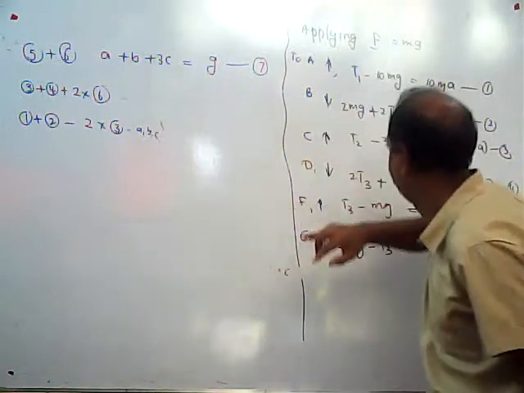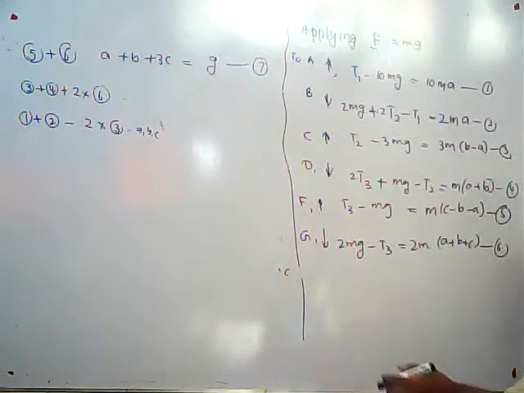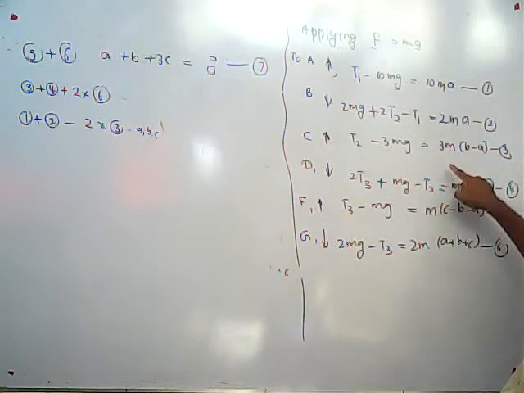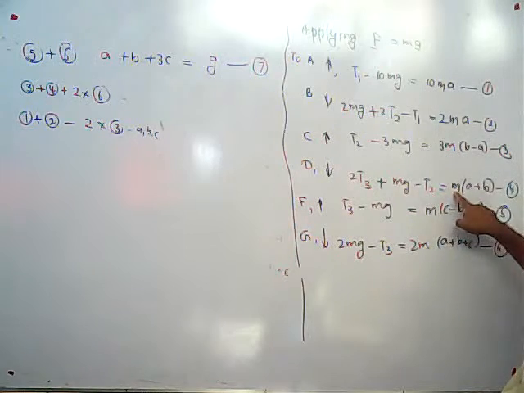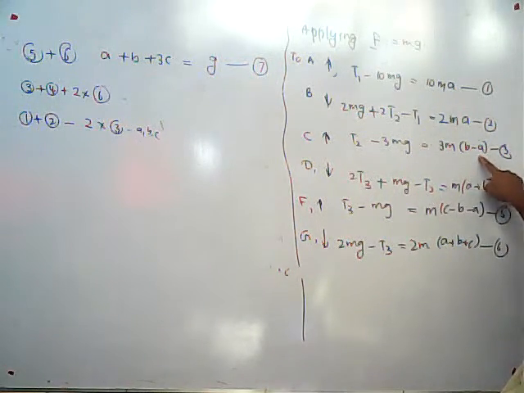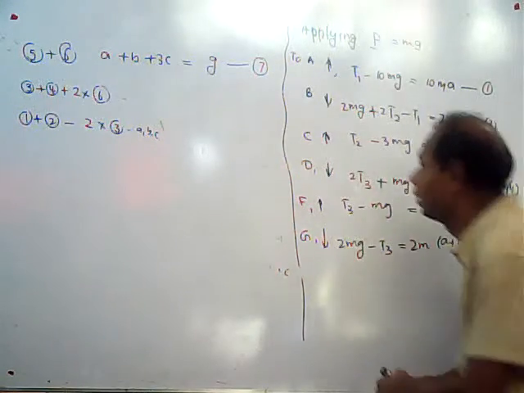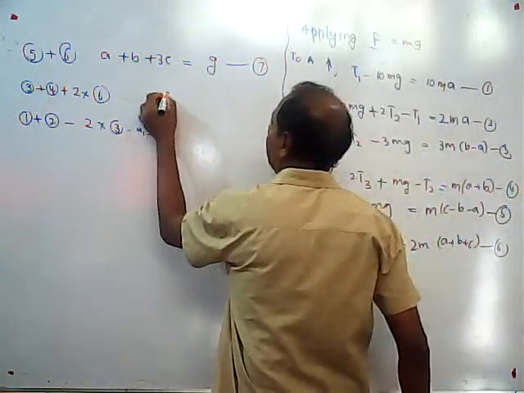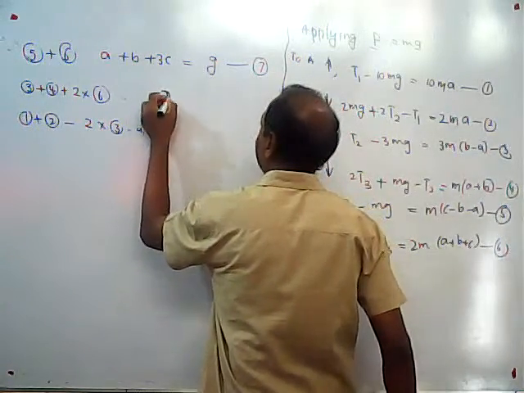3 plus 4. I'll go to the other side, the right hand side. 3 plus 4, A terms, MA minus 3MA. So minus 2MA, as M cancels off. It will be minus 2A.